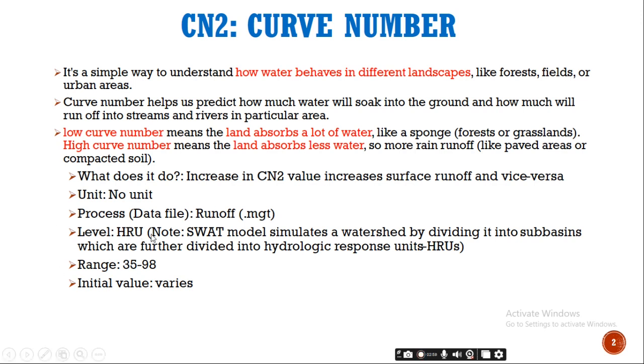So this is finer than a sub-basin. Its recommended value range is from 35 to 98, and its initial value varies. It means that when we do the first SWAT run, its value could vary according to the different sub-basins.